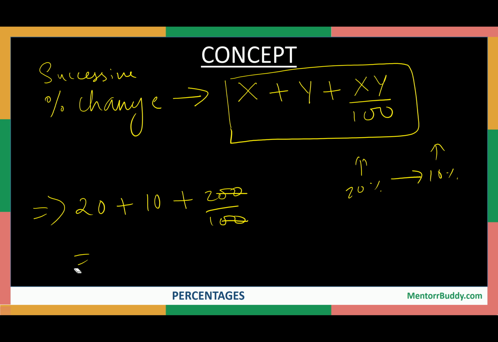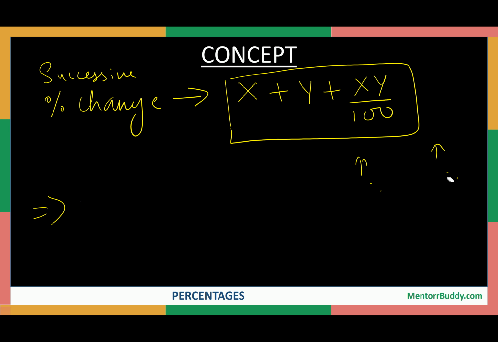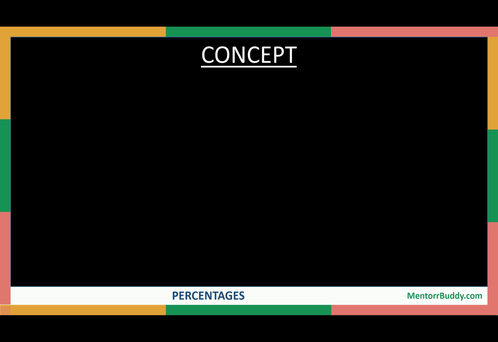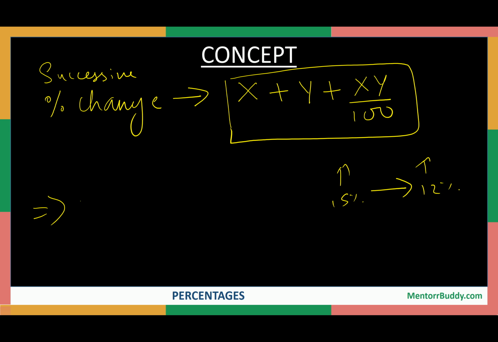Now apply this same formula in that typical situation, right? What was that typical situation in which there is a lot of calculation, that is a 15% increase and then a 12% increase in the next year, right? In this we were getting a lot of calculations. Let's apply this formula. 15 is the value of x, plus the value of y is 12, plus 15 into 12 will become how much? 180, right? 180 divided by 100.